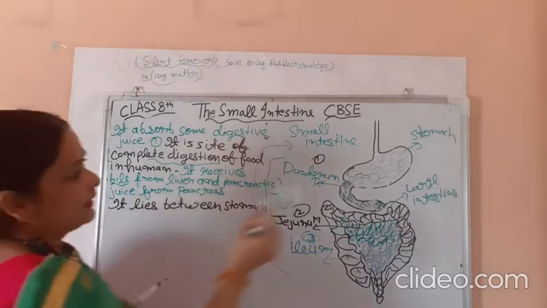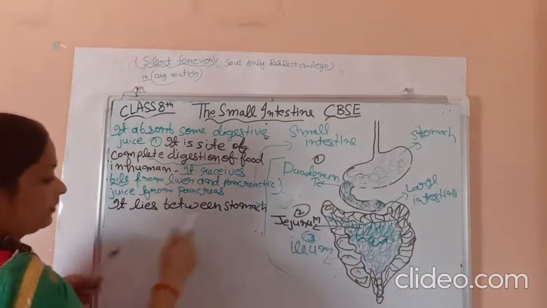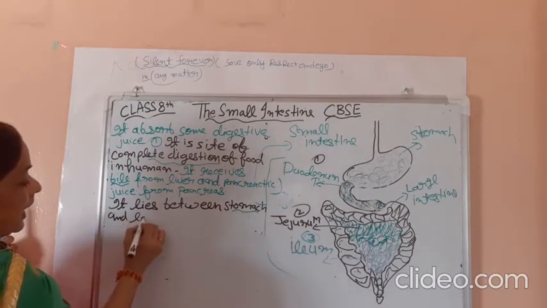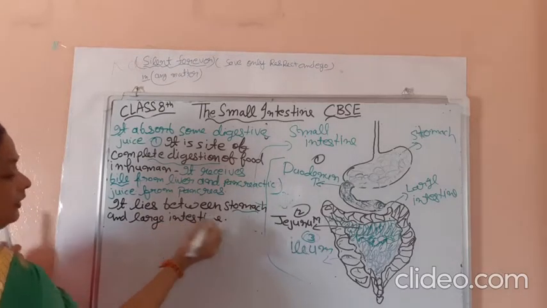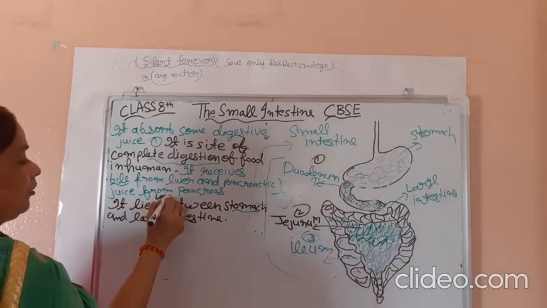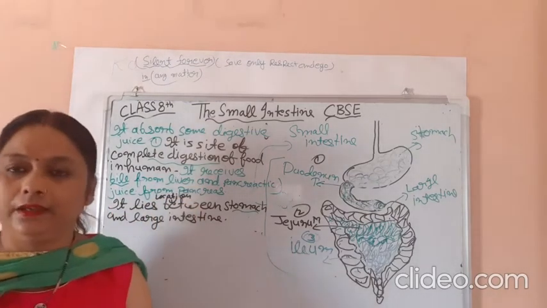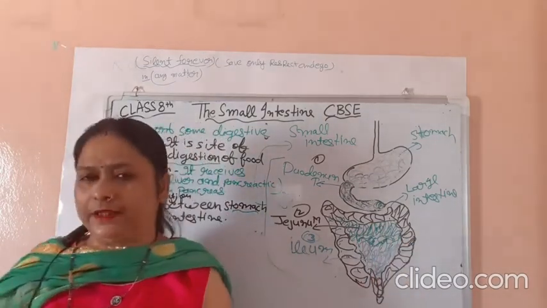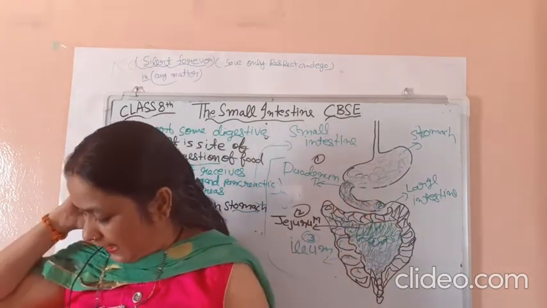You can see this is our stomach, and this portion is the large intestine. Okay, so this is the location of the small intestine, and mostly digestion of food is completed here.